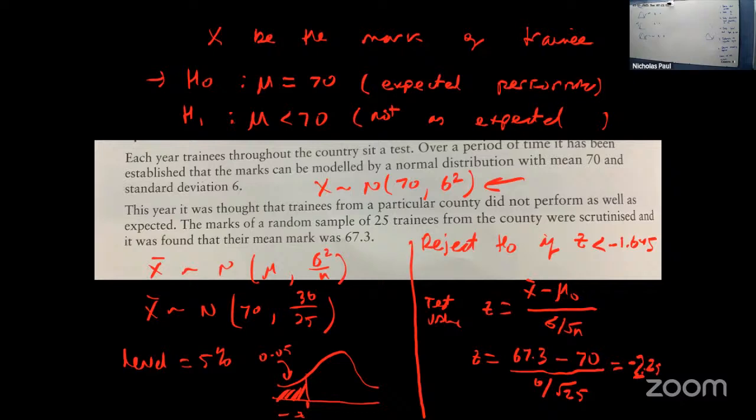Very good, Jalen. So the last line, I can't write it all here, but here it is, right? Since the test value is less than minus 1.645, or you could say since the test value is in the rejection region, at the 5% level, we reject H naught. We reject H naught and conclude H1, right?